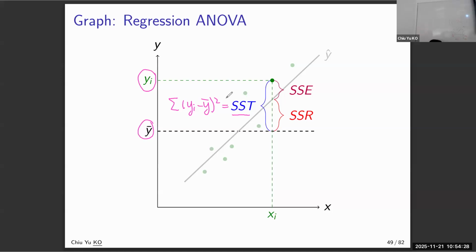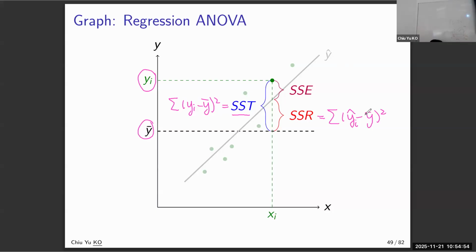And what is explained by your model is SSR, which is the sum of y hat minus y bar squared. This is the part we call the sum of squares regression. It's the variation explained by the regression.